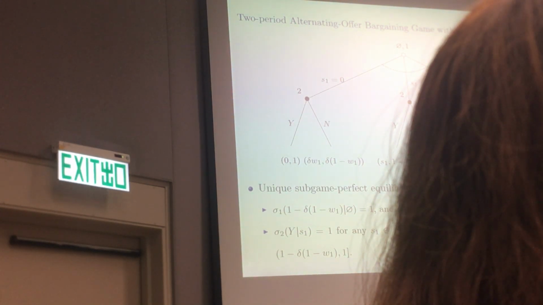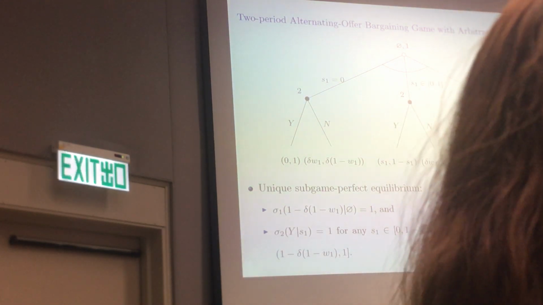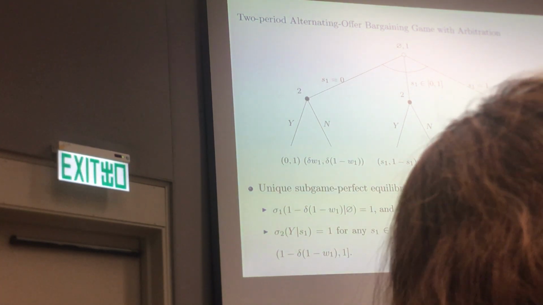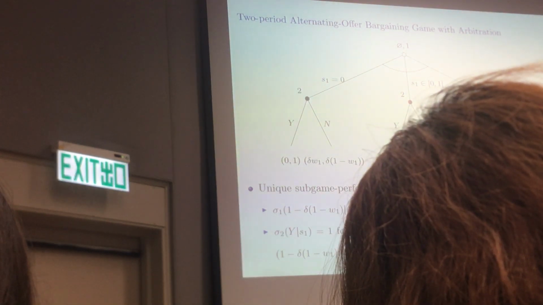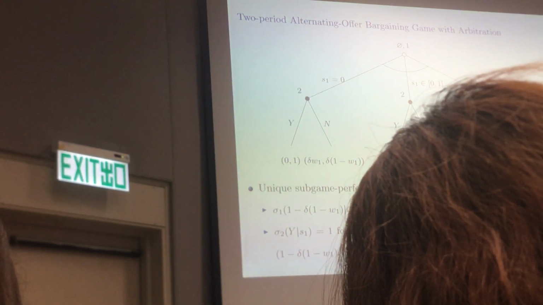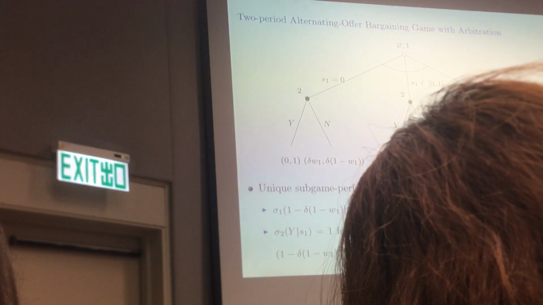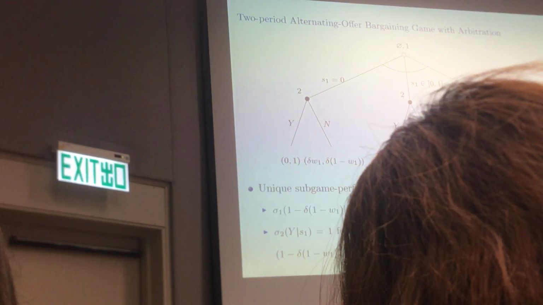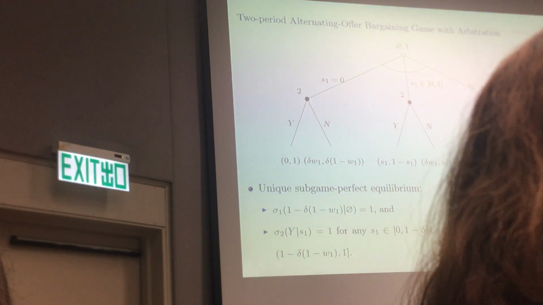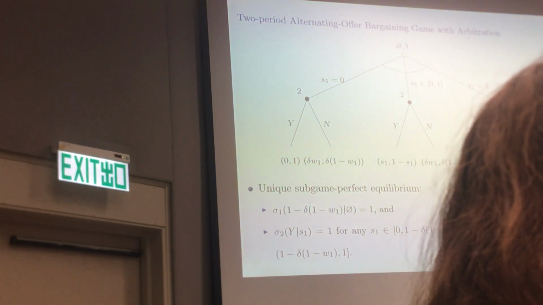What happens in the third period is just one version of the ultimatum bargaining game, and we know what happens there. That makes whatever happens in the second period another version of the ultimatum bargaining game, and the same goes for the first period. So in principle, you can calculate what the equilibrium play has to be.